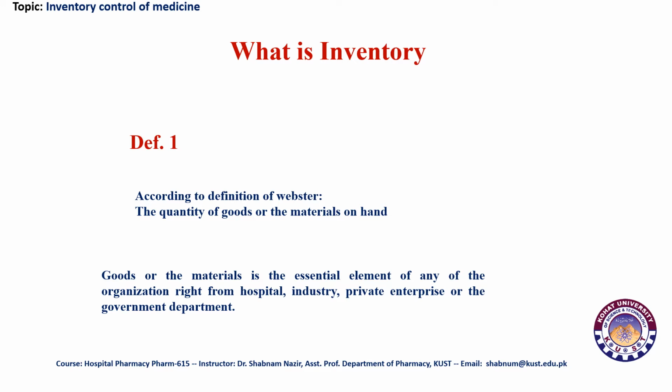All these matters need goods, equipment or medication, whatever you call it, medical supplies, in proper quantity to be present and on hand. So goods or materials are an essential element of any organization, right from the hospital industry to private enterprise or government departments. I just gave the example of a hospital, but the same situation is applicable to any other company or industry involved in the same sort of matter.